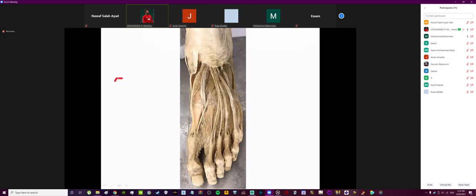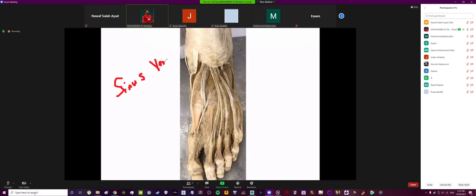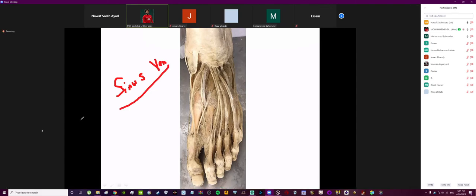Please, coronary sinus, sinus venosus derivatives. What are the derivatives of the sinus venosus? It has a right and a left horn and a body. The body is the coronary sinus. The right horn is the posterior smooth part. The left horn gives you the oblique vein of the left atrium.